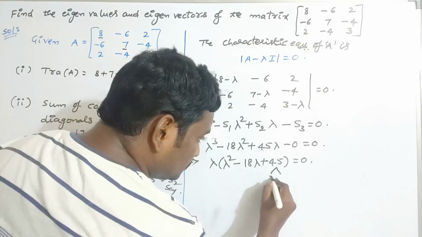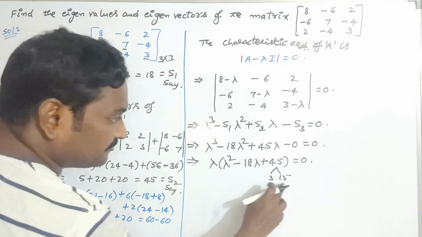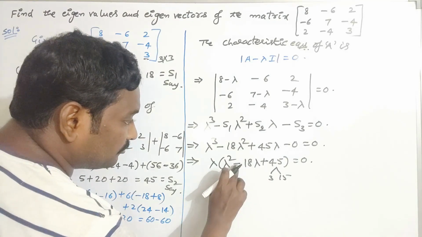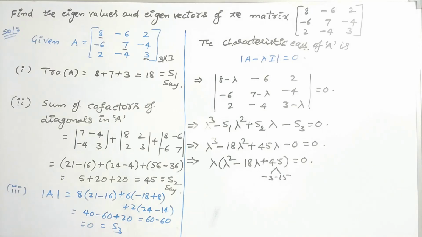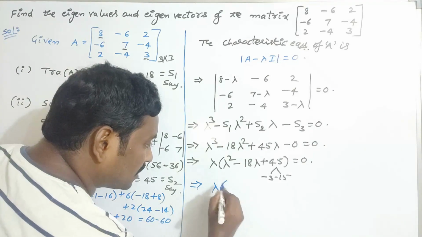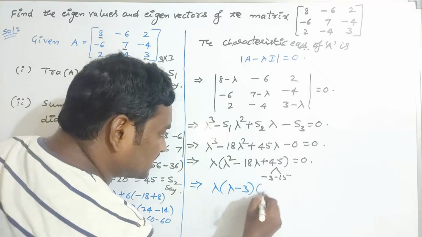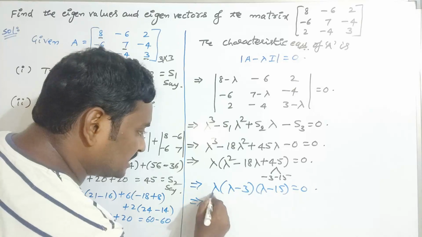So 3 15s are 45, 3 plus 15 is 18. Since we have negative sign, give the negative signs to both. So what are the factors? Lambda times lambda minus 3 into lambda minus 15, I am writing the factors only. Each factor is 0.